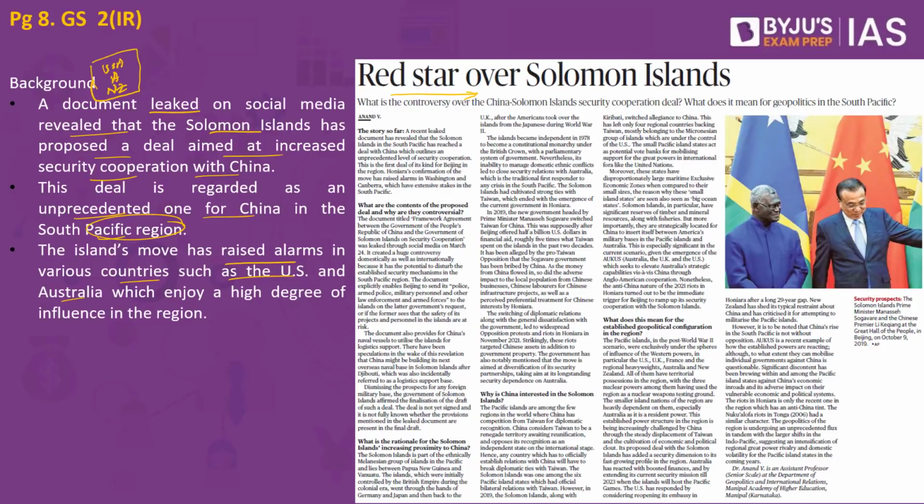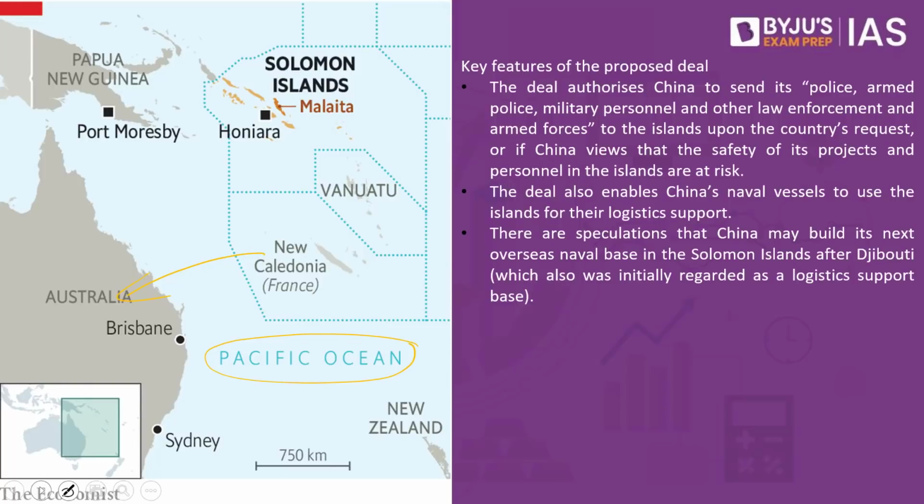What are the features of this particular security cooperation? The deal authorizes China to send its police, armed police, military personnel, and other law enforcement and armed forces to the islands upon the country's request, or if China views that the safety of its projects and its personnel in the islands are at risk.